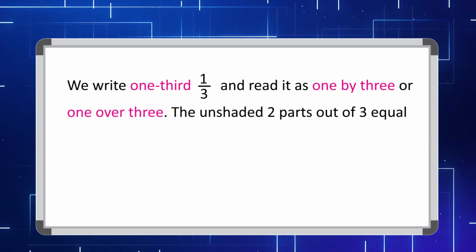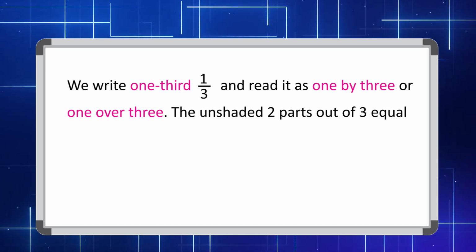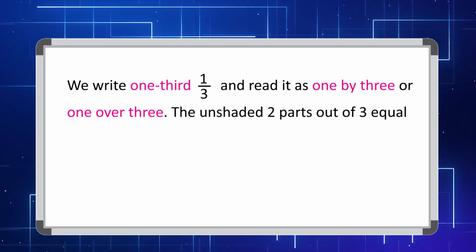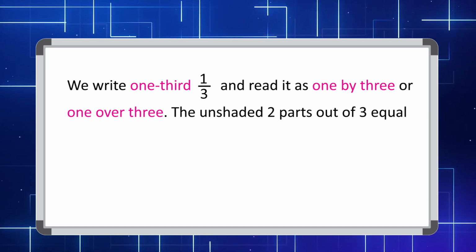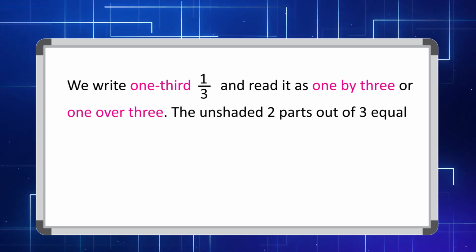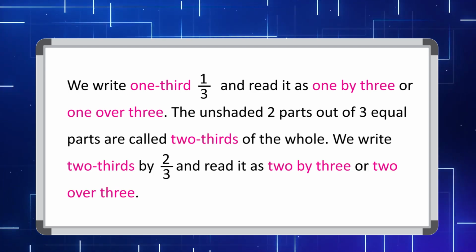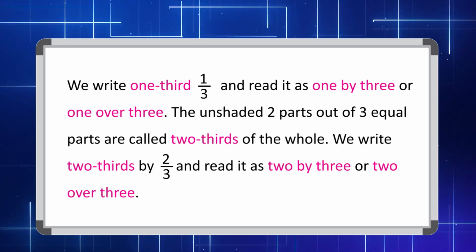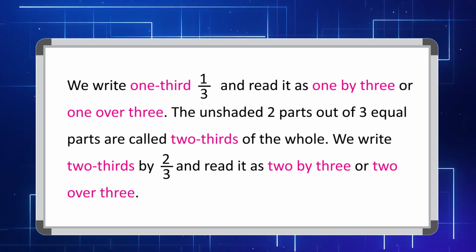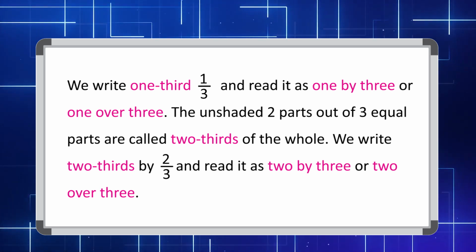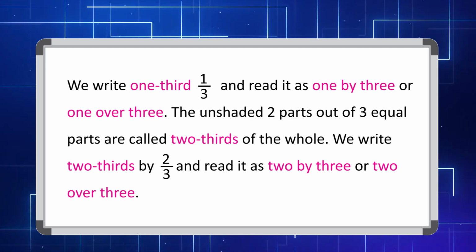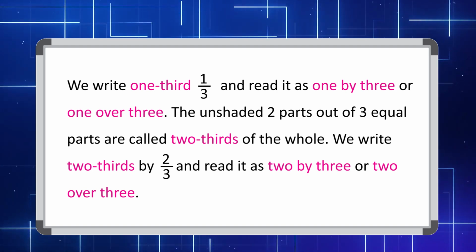We write 1/3 and read it as one-third. The unshaded two parts out of three equal parts are called 2/3 of the whole. We write 2/3 and read it as two-thirds.